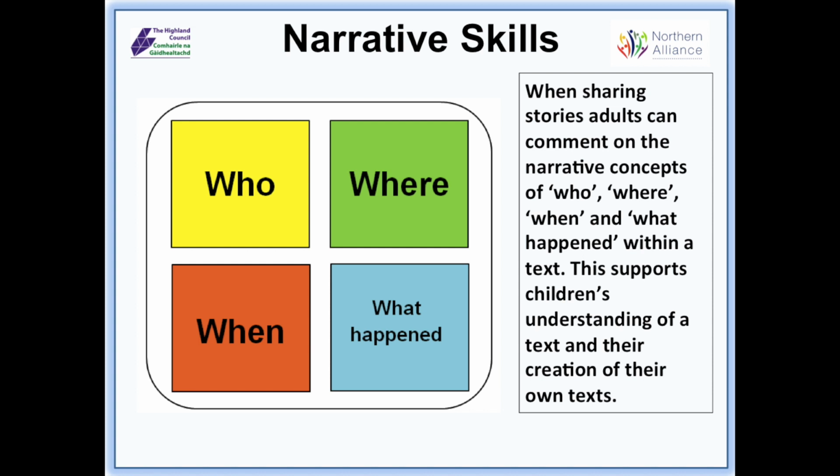Some examples of adults commenting on the narrative concepts may be, "Look who this is! It's the big, bad wolf. Look where Little Red Riding Hood is. She's in the woods." Through commenting, adults can model the who, where, when, and what happened concepts when sharing a story.